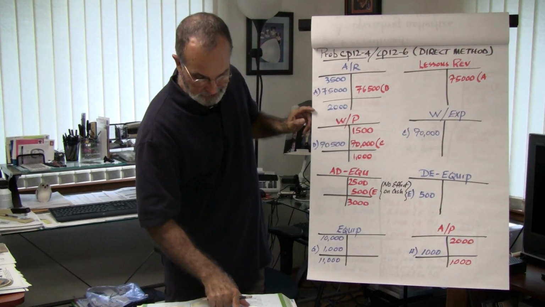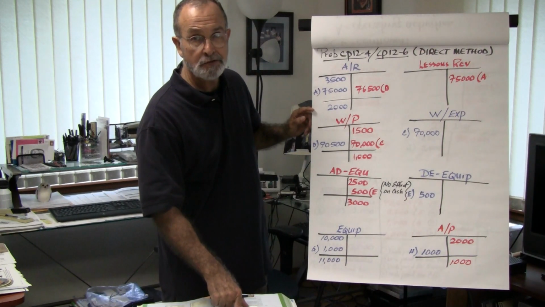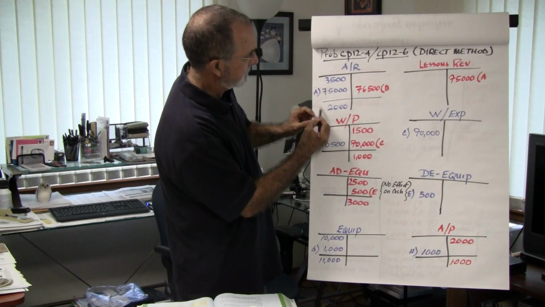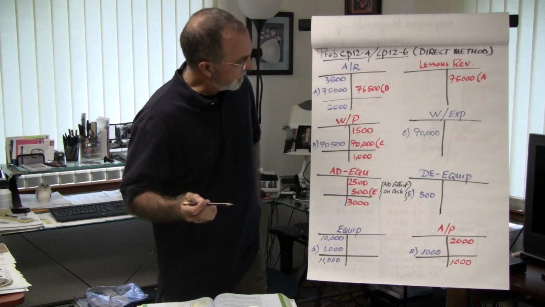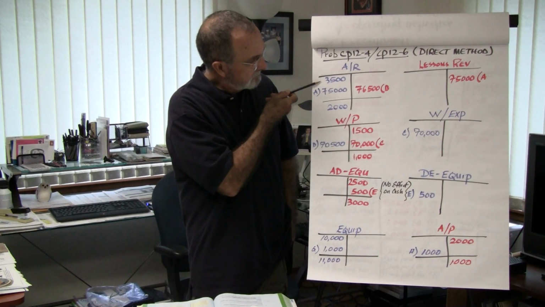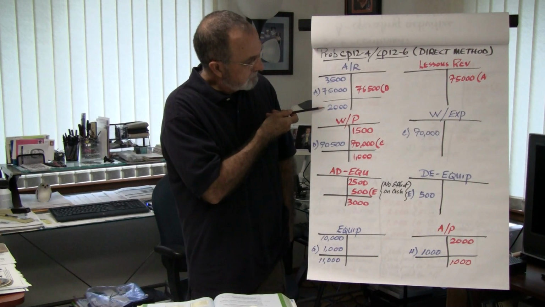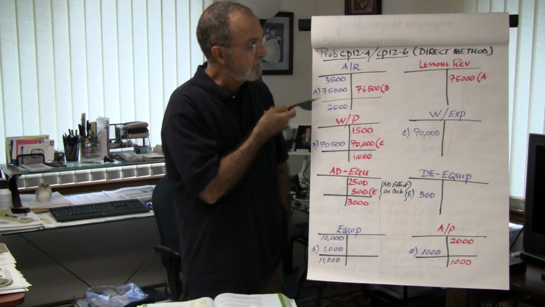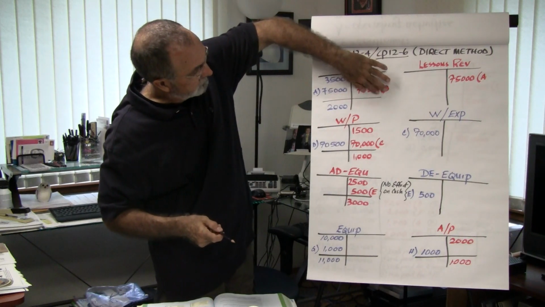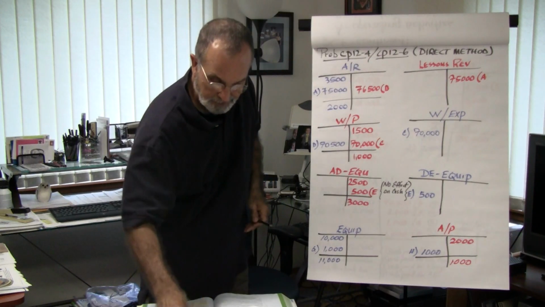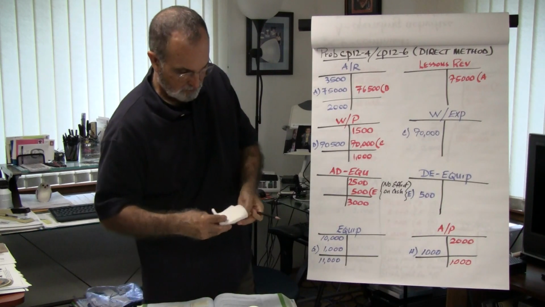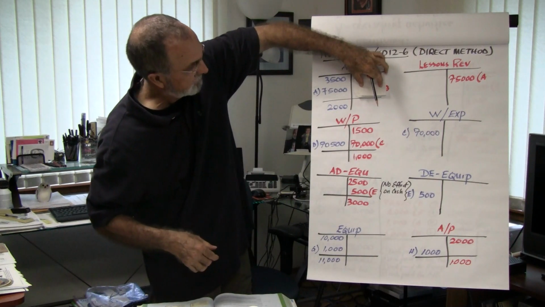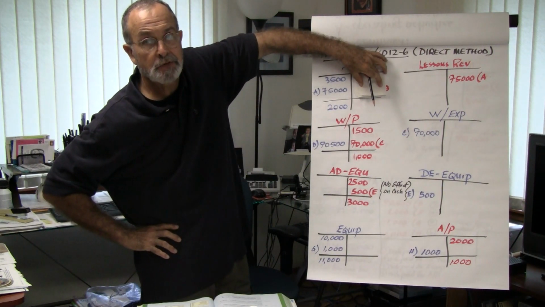And it also shows us that the ending balance in accounts receivable at December 31, 2010 was $2,000. So we have the beginning balance, the ending balance, and the debit to accounts receivable, and we need to figure out what the credit amount in accounts receivable is.